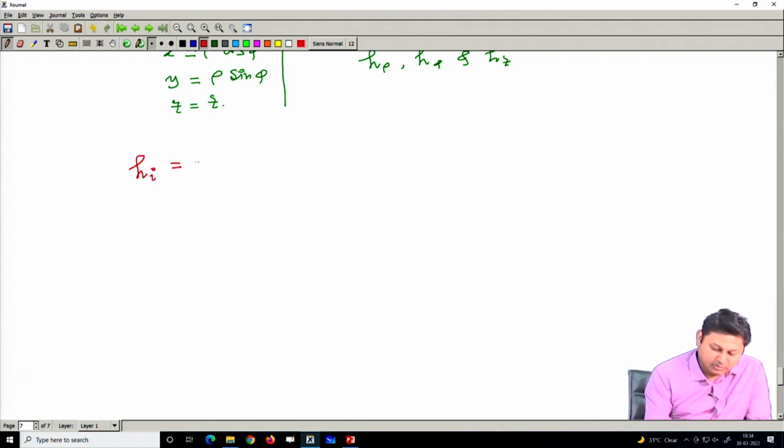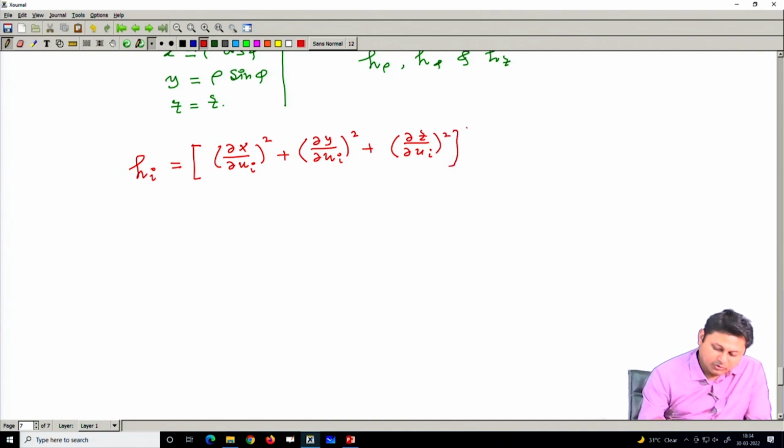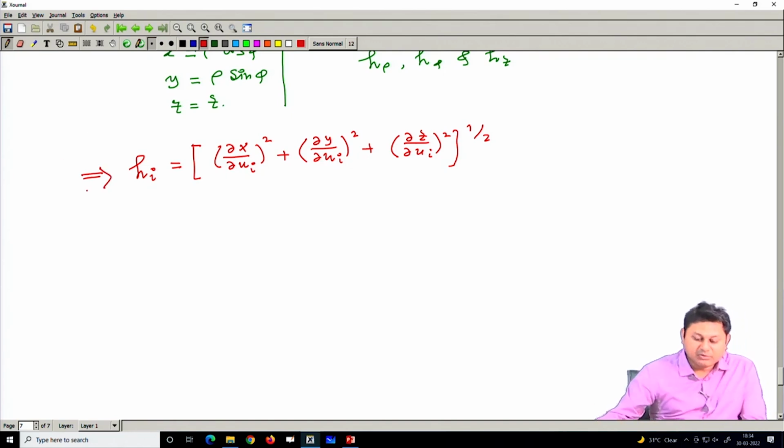Hi is del x del ui square plus del y del ui square plus del z del ui square, whole to the power half. This is the recipe I have. So, this recipe I am going to exploit here.